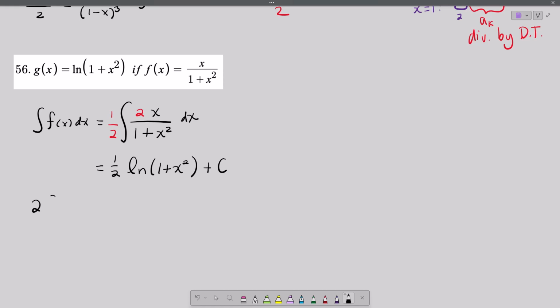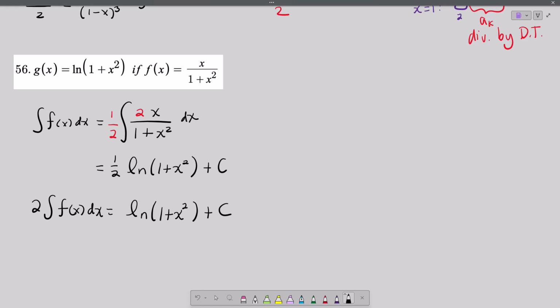So if we do 2 times the integral of f of x dx, then over here, we're going to have natural log of 1 plus x squared plus a c. If we multiply both sides by 2, it's still just a constant. We can just still use a c to represent the constant. Now, we'll talk about that constant in a minute. We'll see that we can pick it to be 0.